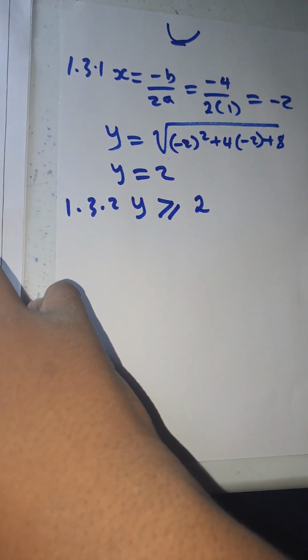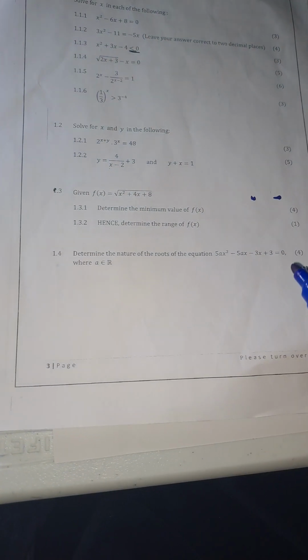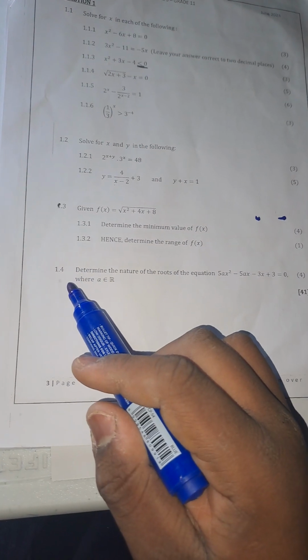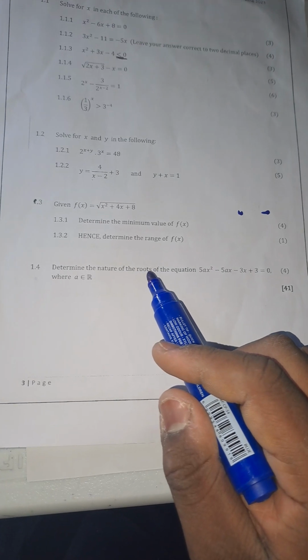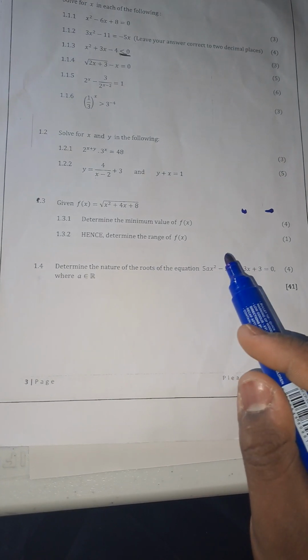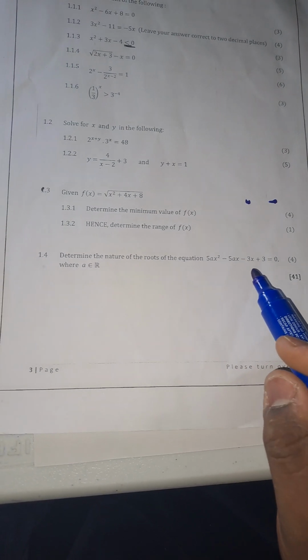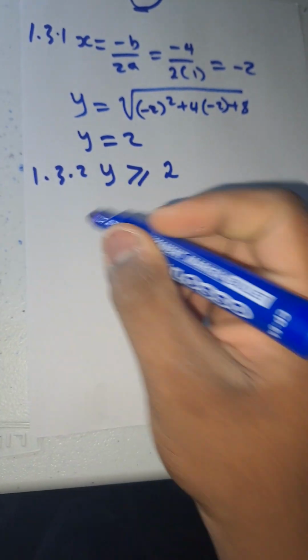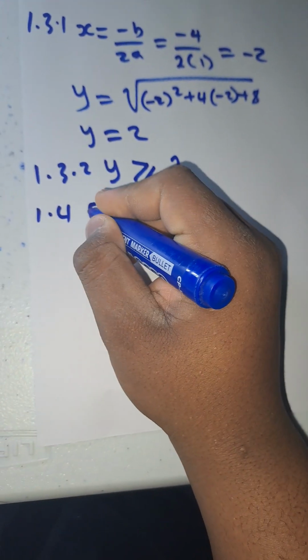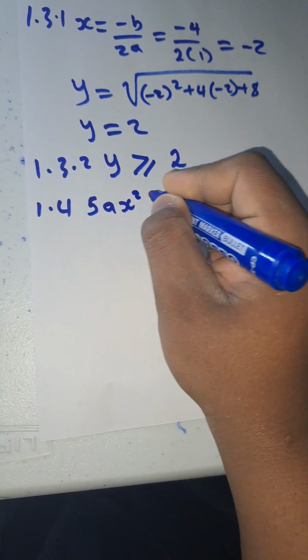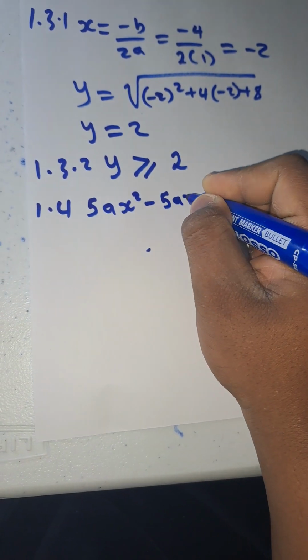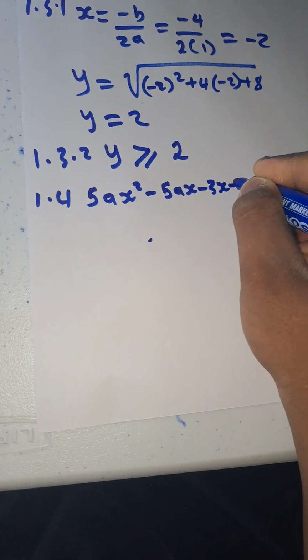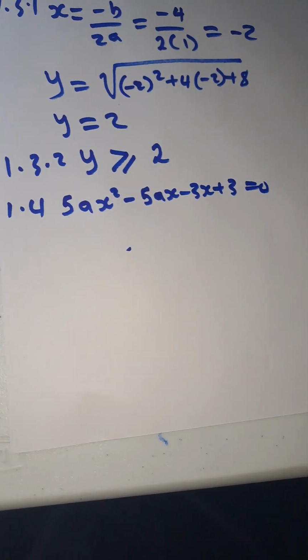Now let's go to 1.4, nature of roots, the last part of these things. 1.4, determine the nature of the roots of the equation 5ax squared minus 5ax minus 3x plus 3 is equal to 0, where a is an element of real numbers. 1.4, I have what? 5ax squared minus 5ax minus 3x plus 3 equals 0.